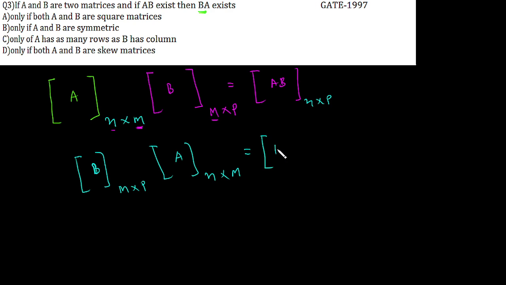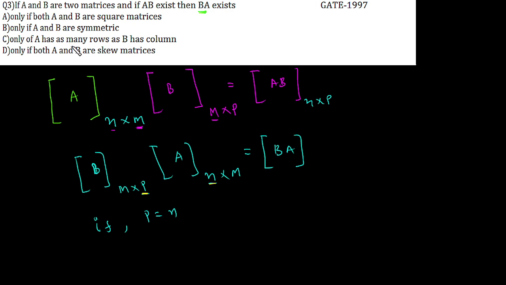Now we want to find BA. Now if this n and P are exactly the same, then we can say the multiplication of these two matrices B and A is possible.